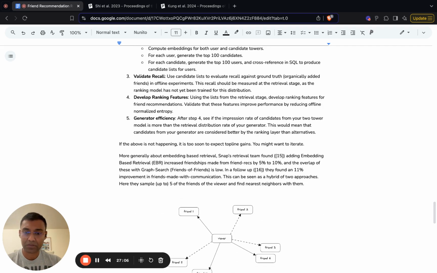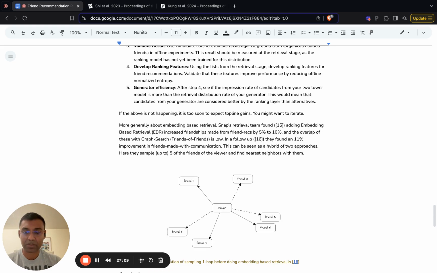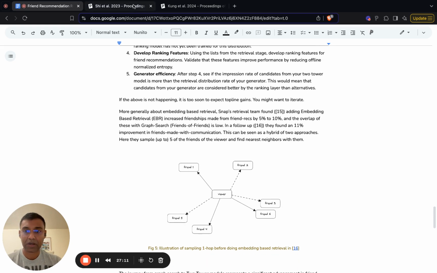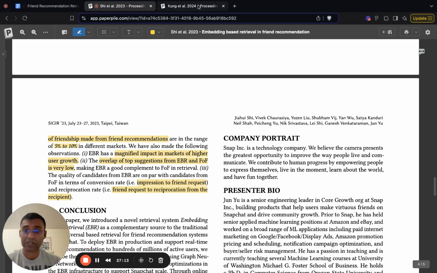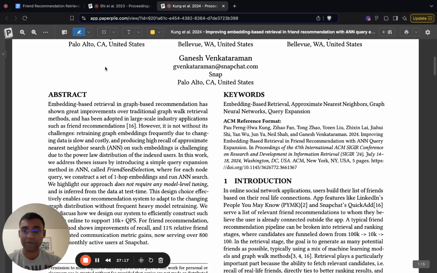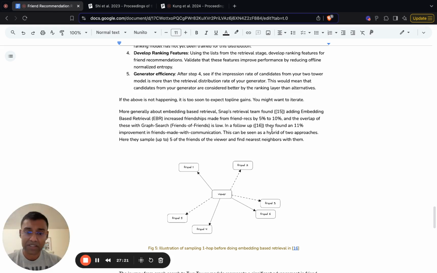There's a lot here to cover, but let me quickly go back to a follow-up of the Snap 2023 paper, the 2024 paper, where they find an additional 11% improvement in friends made with communication. Now, let's first look at the metric. It's very important.